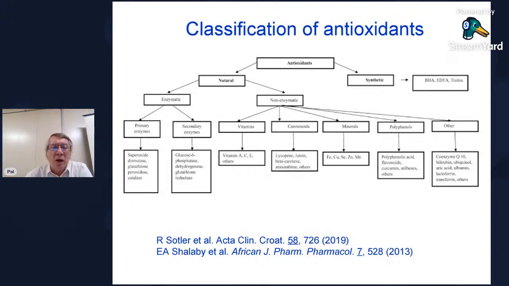As for the natural antioxidants, we can distinguish the enzymatic antioxidants and the non-enzymatic antioxidants. Among the latter one, we can see the vitamins, the carotenoids, the minerals, the polyphenols, and the quinones, and I do not repeat all of them, I already mentioned.